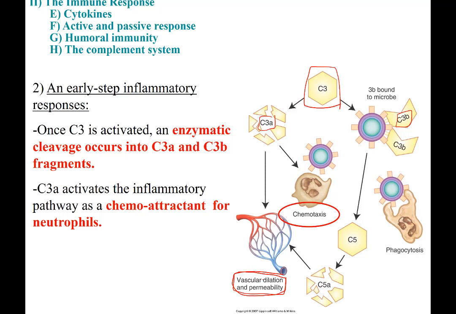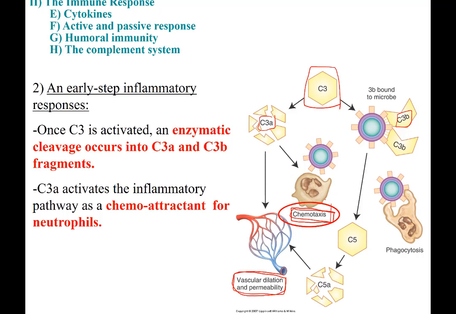But keep in mind that C3a is helping that. It's helping vasodilatation and the increase of permeability of your vessels. It's also helping the chemotaxis. I don't know if you remember I talked about chemotaxis. Chemotaxis is the chemical.